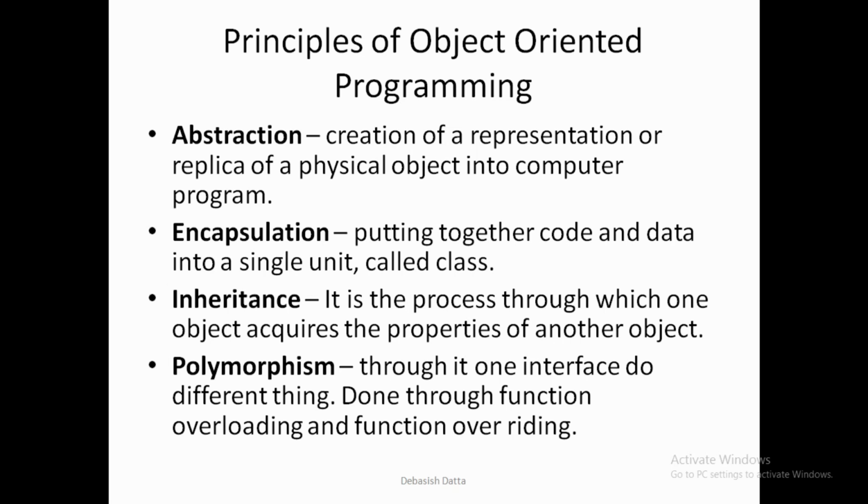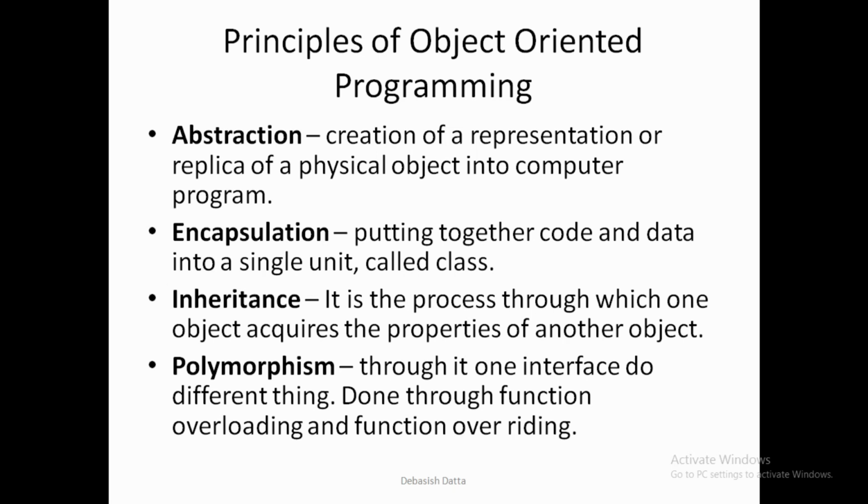If a computer programming language possesses these four properties or principles, then we will call it an object-oriented programming language. Now I have written the definitions, or we can say the explanation in simple words, in the slide.